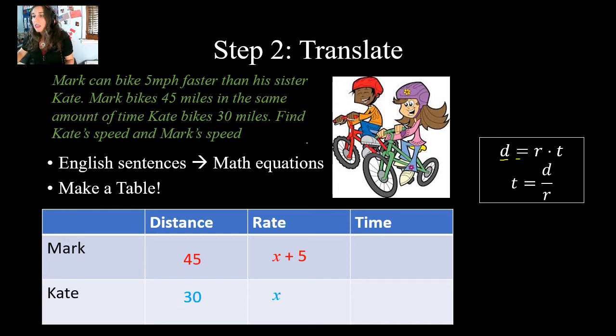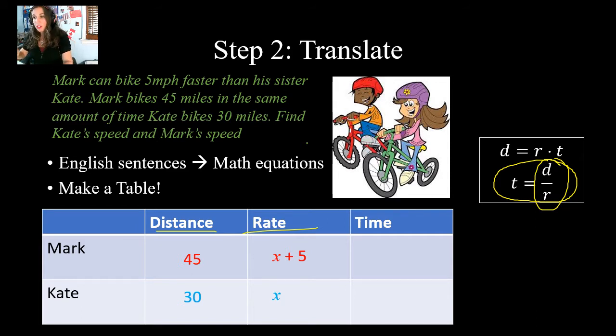If distance equals rate times time, and I'm looking for time, if I divide both sides by the rate, that goes away, and I'm left with time equals distance over rate, which is what I have right down here, okay? I already know the distance and the rate, you guys. I can just plug right in. Time equals distance over rate, okay?